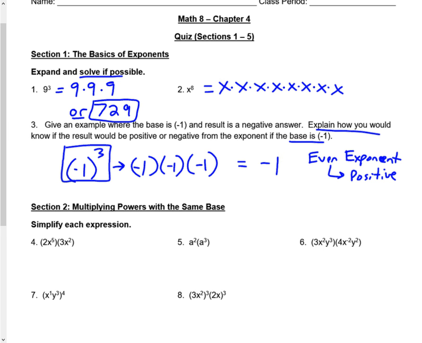Because 2 negatives are always going to cancel each other out to become a positive, and if you have 4, that's just doing it twice. Whereas an odd exponent is going to be a negative answer. So that would be how you could explain it in words.